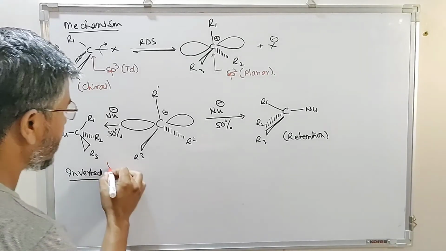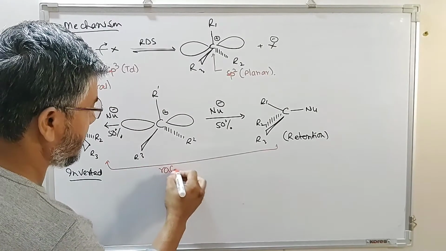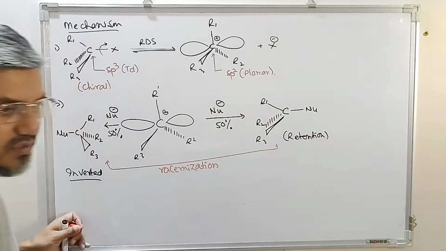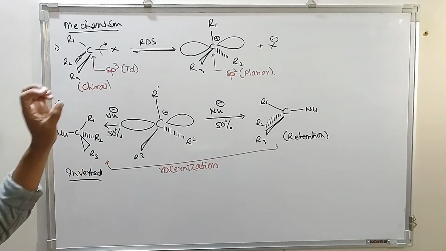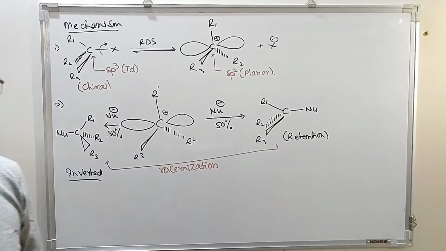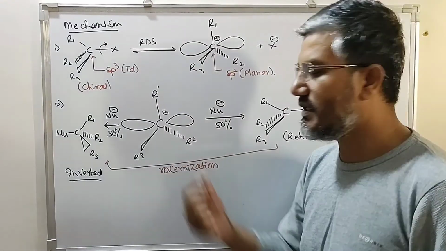This is what we call racemization, or formation of a racemic mixture if the starting compound is chiral. So this racemization depends on the stability of the cation.